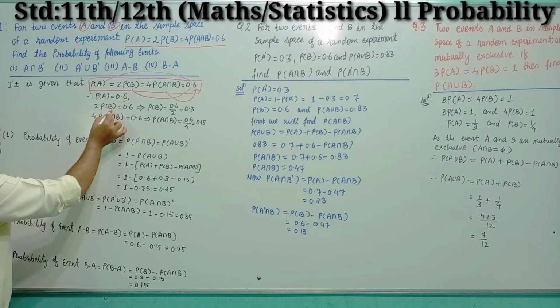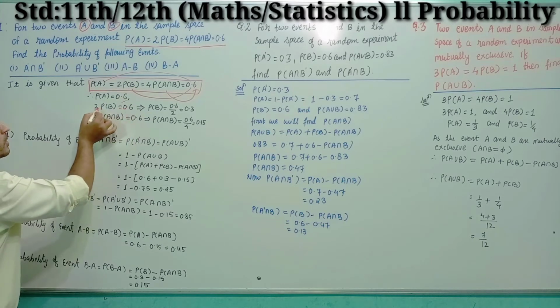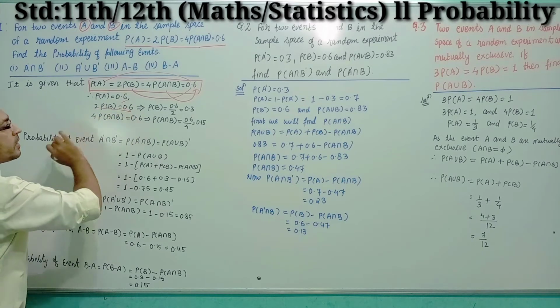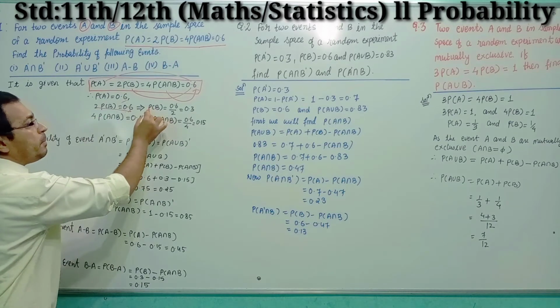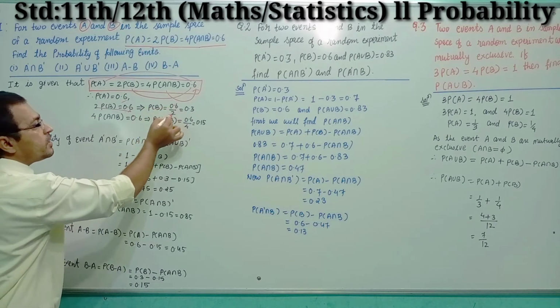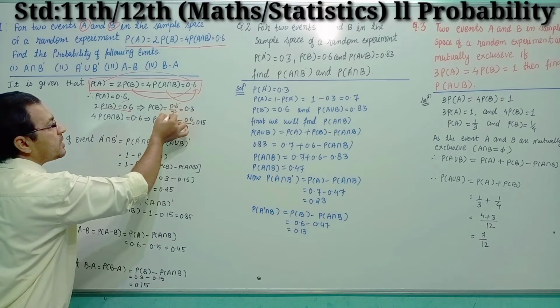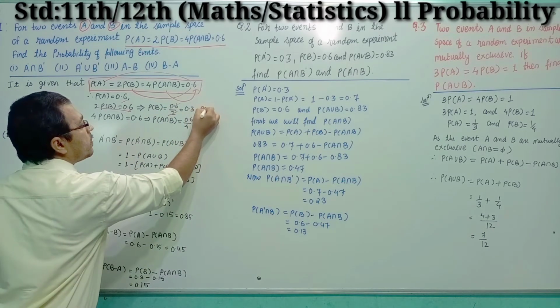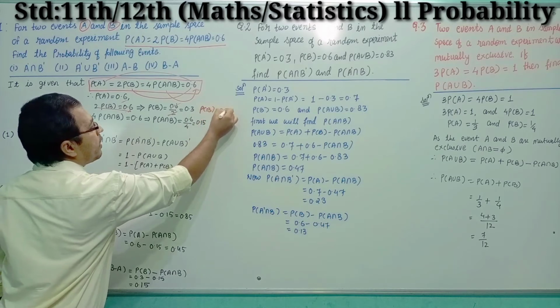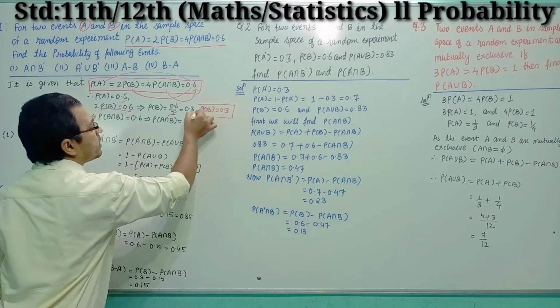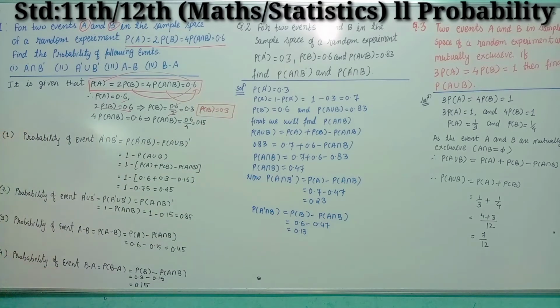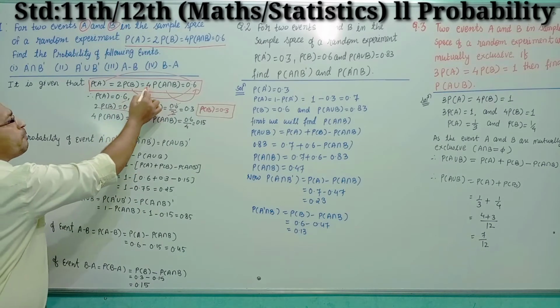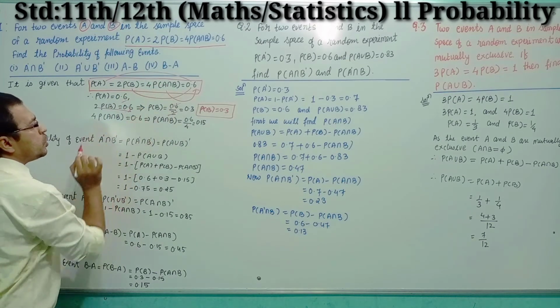Twice P of B is equal to 0.6, 2 goes to the denominator. So P of B is equal to 0.6 divided by 2. Cancelling these, we get P of B is equal to 0.3.